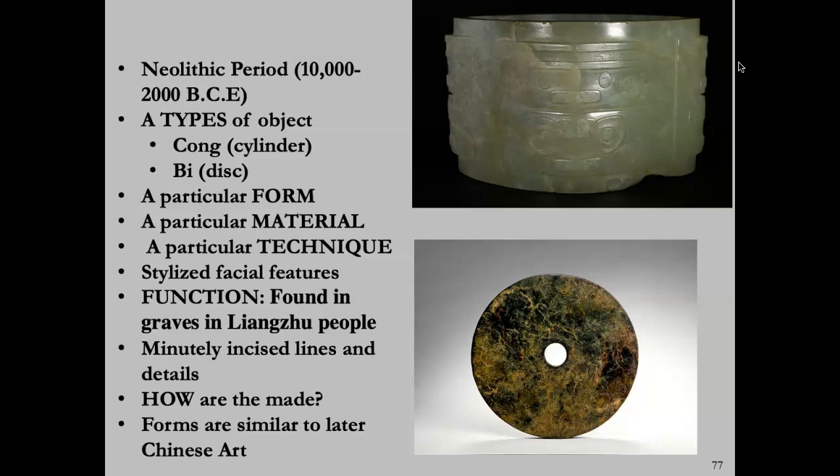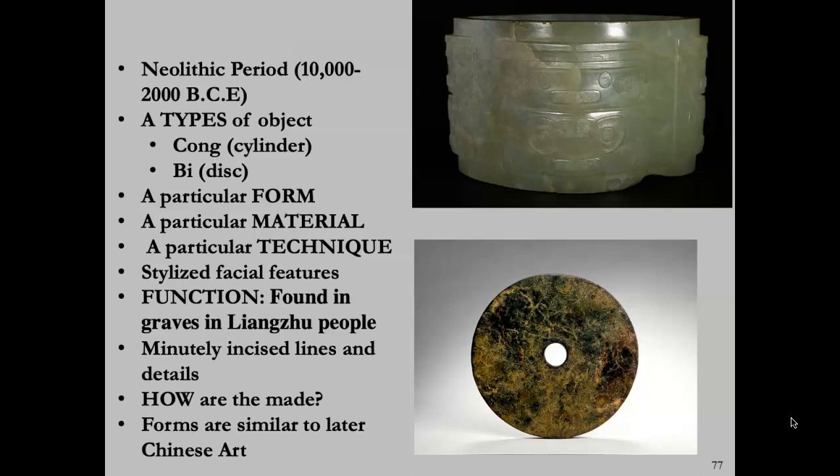These cong tubes are often found with bi discs, and this is a bi that is a flat disc shape. And these are some of the most mysterious objects in Chinese culture. They are the principal jade objects that are found in these Liangzhu culture sites.